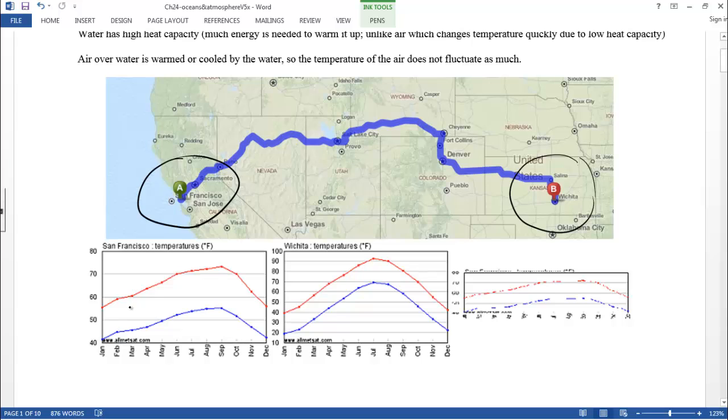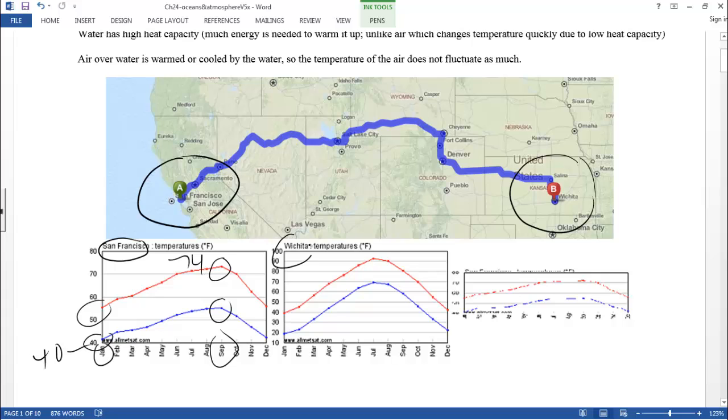So the average in San Francisco for January has a low of 40 and a high of, well, it looks like 55 or so. And in September, that's the hottest month. It's a little bit more than 70 and a low of a little bit more than 50. So we got an extreme of 40 to about 74 degrees on average.